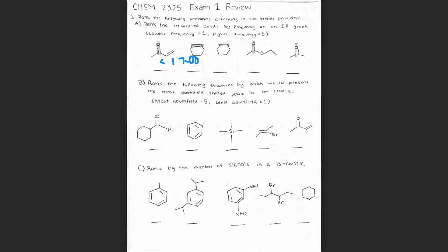As we said before, bond order matters. So our double bonds tend to be around the 1700 region, C double bond O for example, and your carbon-carbon double bonds tend to be around 1600. Those are pretty low, so we're going to just say low. Same thing for our single bond as well.